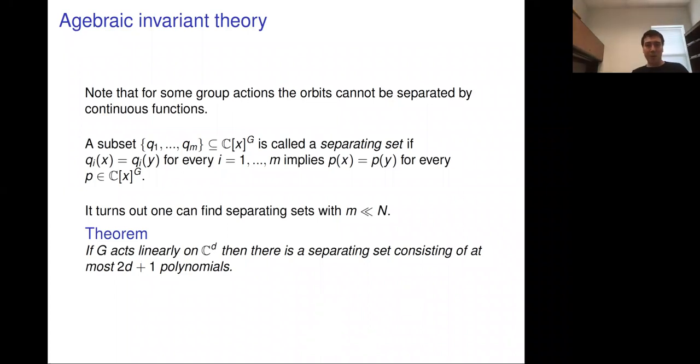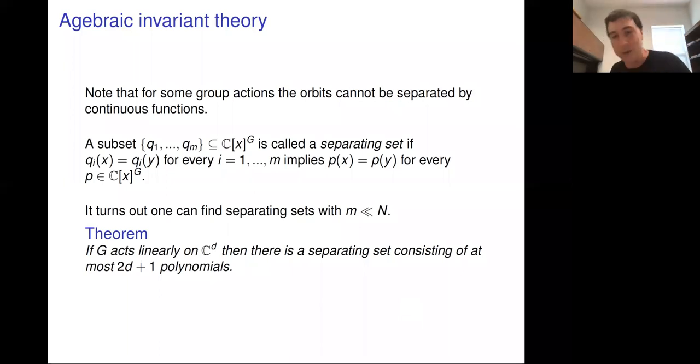You have a bunch of polynomials, called a separating set if whenever those polynomials evaluate the same for two different points, that implies that every invariant polynomial evaluates the same. What that means is that this set of polynomials separates as well as polynomials can separate.